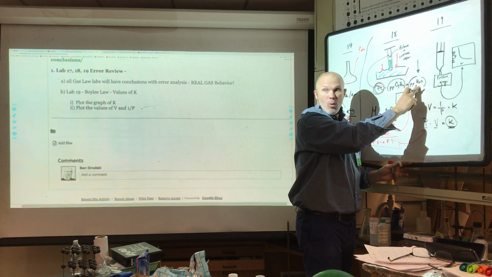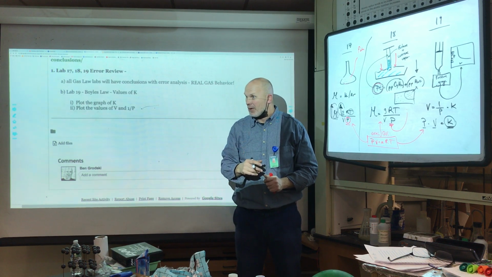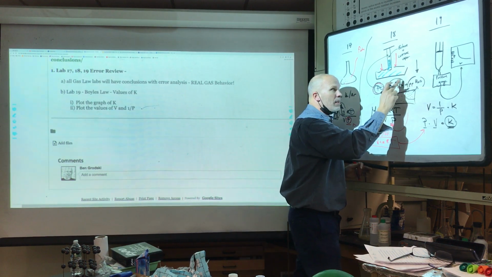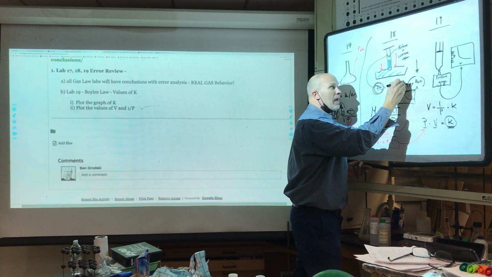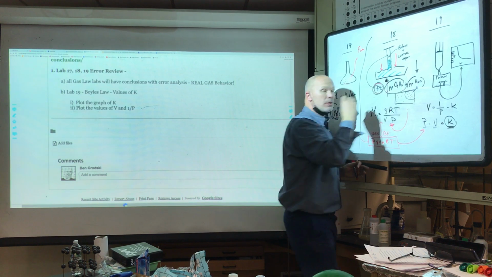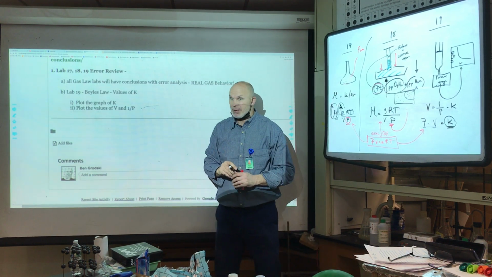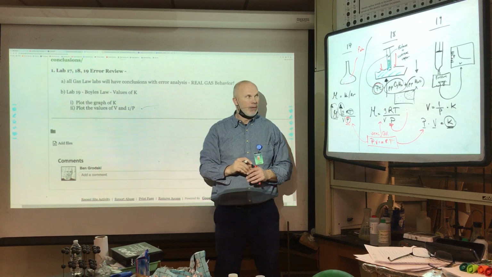So it's not 80-20, maybe it's what? 85-15. If this attracts itself more, that means that butane has a larger contribution to its partial pressure than to the water. Okay, you see that leap there?